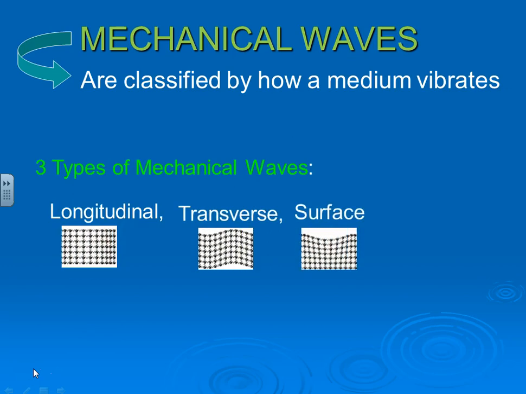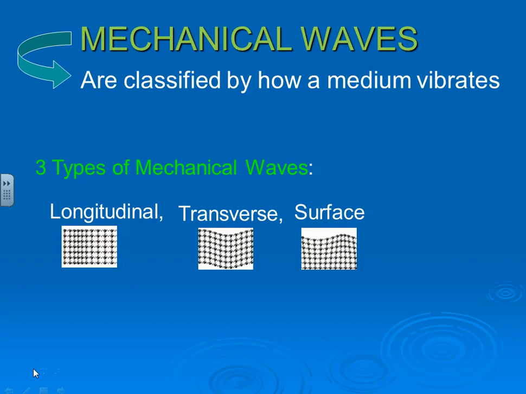So leave some space to jot down information about them. I'm going to tell you the 3 types of mechanical waves, which are longitudinal, transverse, and surface. Then we're going to discuss each one of them individually. So on your notes, please make sure that you're leaving room to jot down more info.